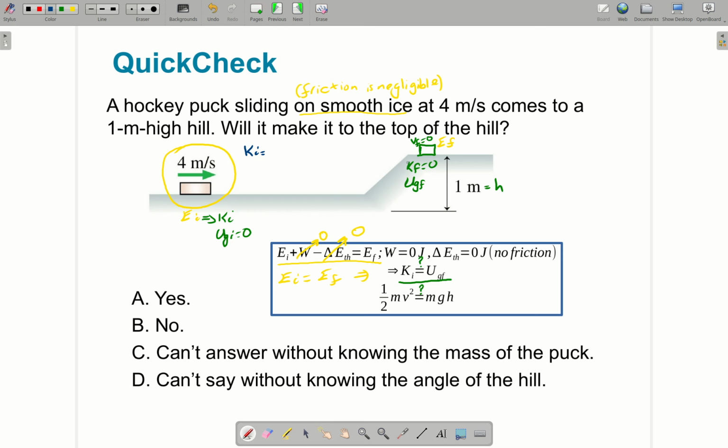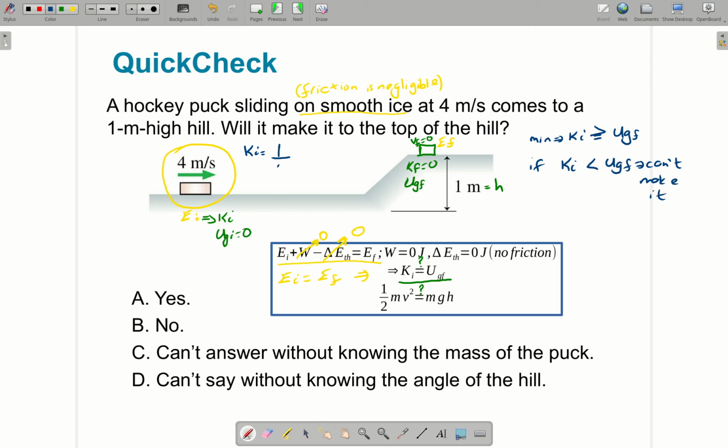If it is larger, it's even better. So minimum K initial should be equal to UG final. Could it be larger? Yes. But if initial kinetic energy is smaller than final potential, then it can't make it. All right? So we're going to check that now.